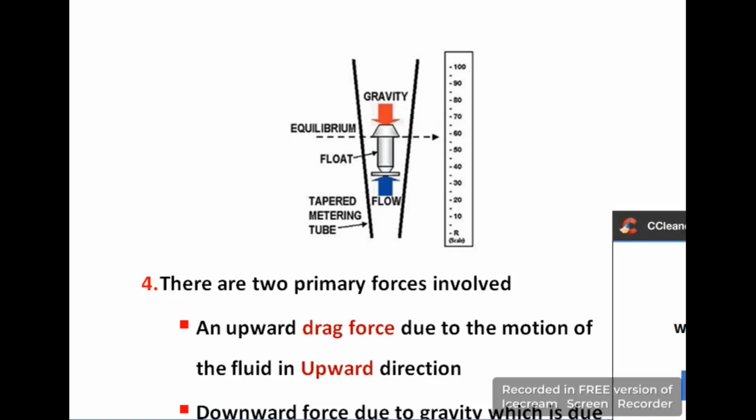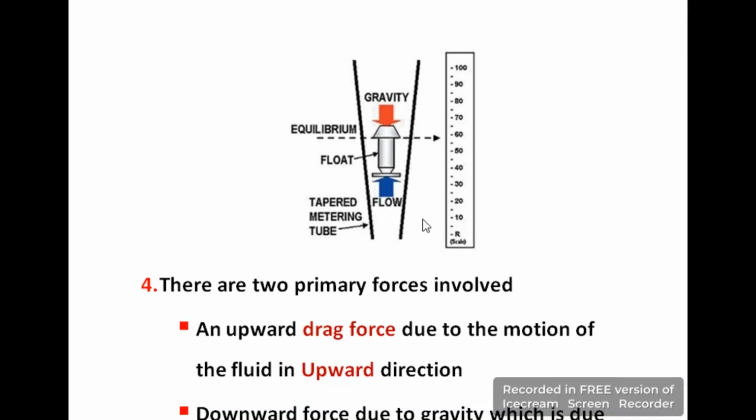So here the flowing fluid in the pipeline in the upward direction provides drag force which moves the float in the forward direction. In this diagram you can observe the flowing fluid with the help of the blue arrow which moves that float in the upward direction in this tapered rotameter.